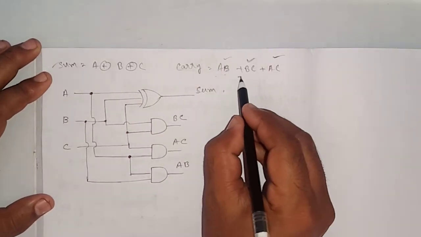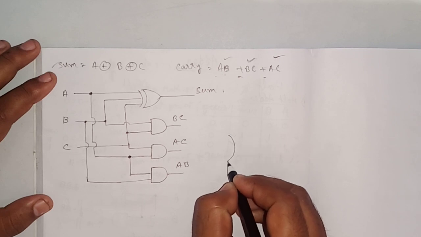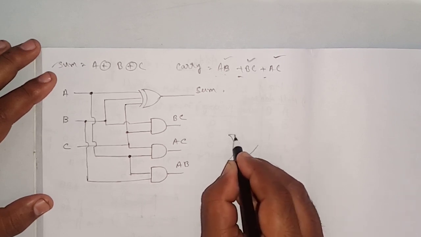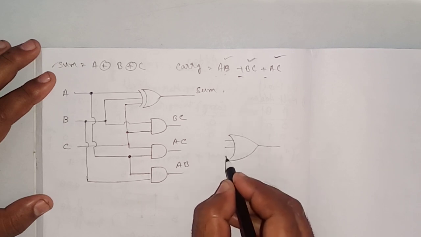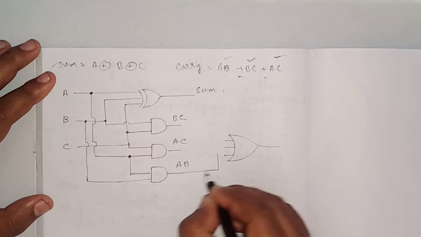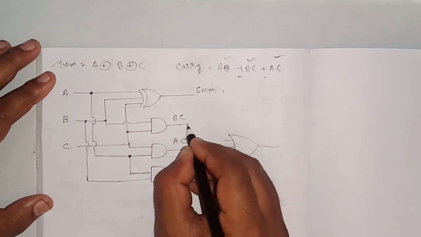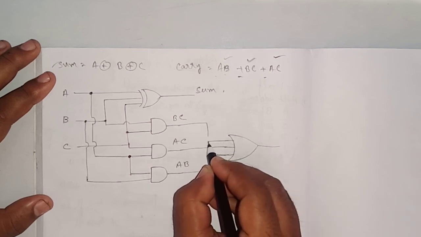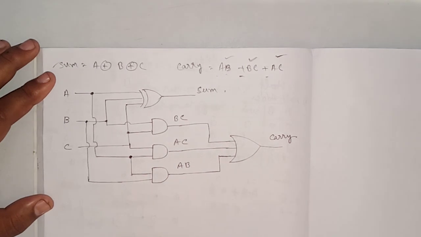Now the plus is left. So plus we know the circuit looks like this. This is the OR gate. Okay. So 1, 2 and 3. So we draw this all 3, adding all 3. So we write carry. This is the answer.